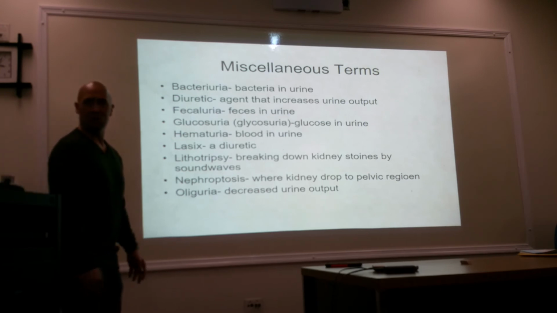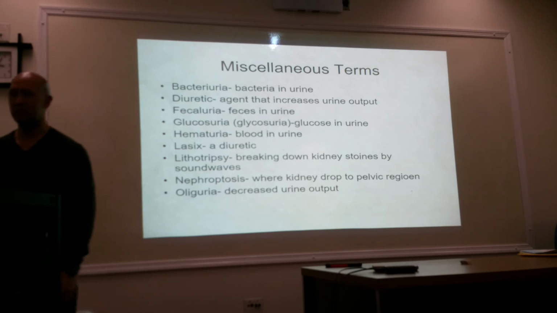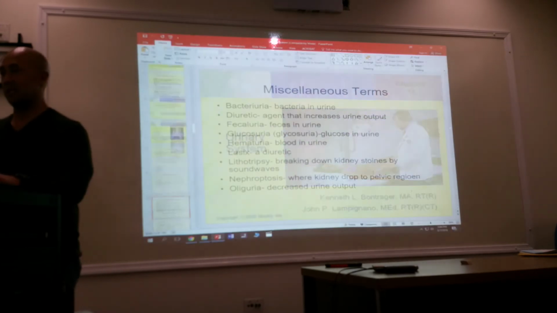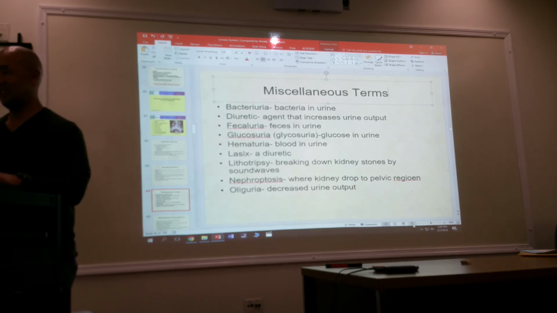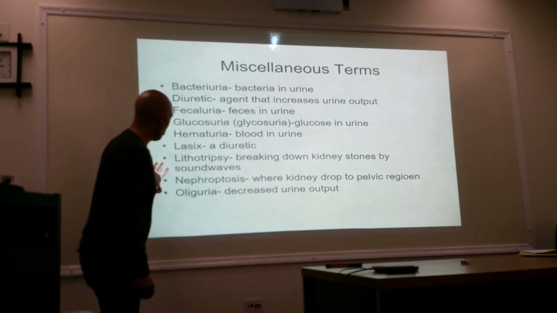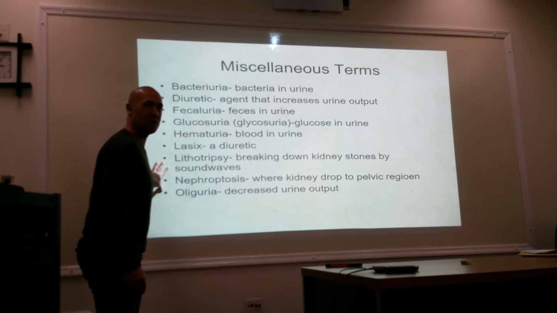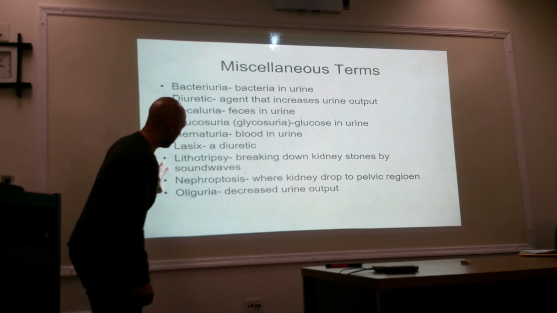Lithotripsy is a procedure done to break down kidney stones by sound waves. You get put in a large tub, and sound waves are produced to break down the stones.